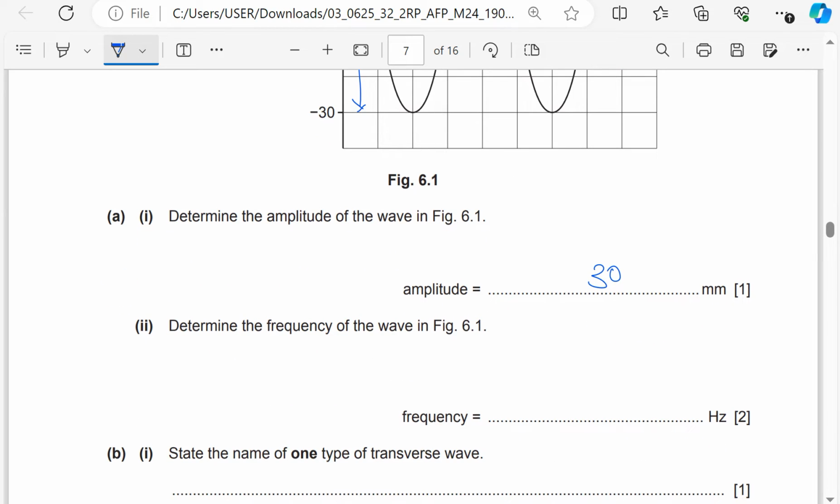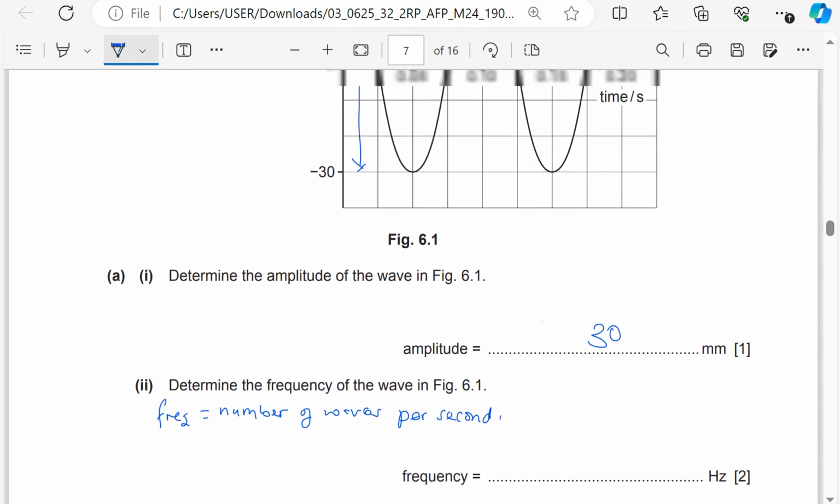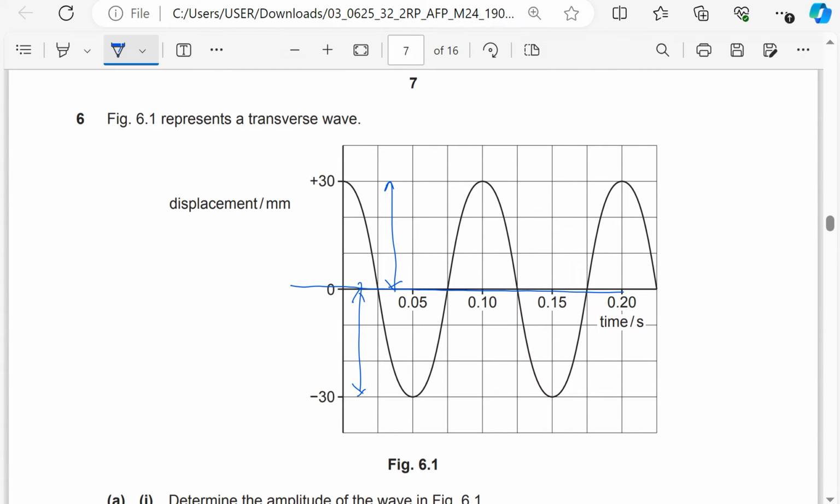Then determine the frequency of the wave. So we know that frequency equals the number of waves per second. So if you look at, here we have two waves in 0.20 seconds.